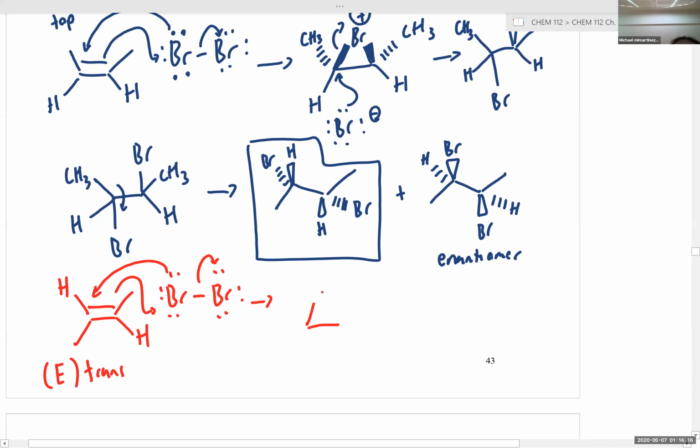Now, what do we notice is slightly different about our bromonium intermediate? Let's see if we can spot the major difference. We're just supposing that our bromine adds from the top face in this case.